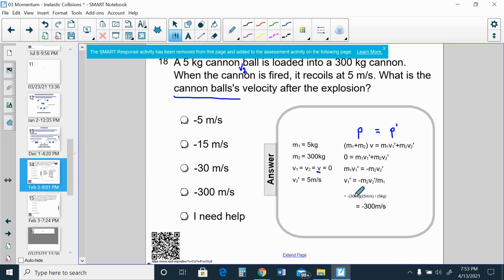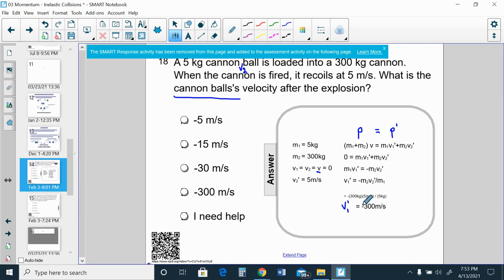Putting in the numbers, we have 300 kilograms as the mass of object 2 times the velocity of object 2 after, which is 5 meters per second, divided by the mass of object 1, which is 5 kilograms. That gives you the velocity after the explosion for object 1 as negative 300 meters per second.